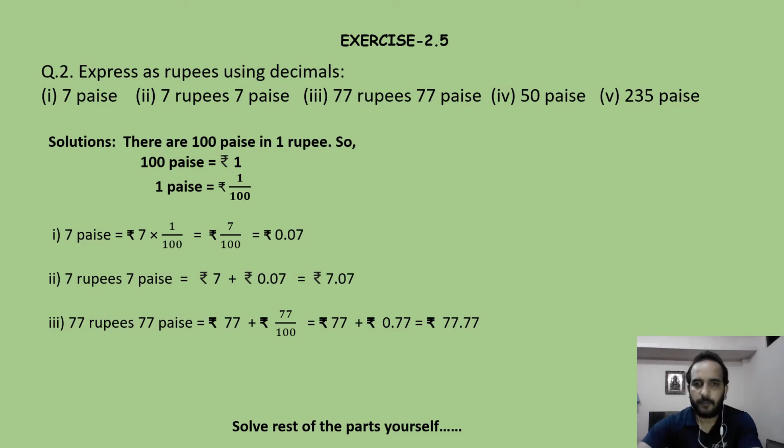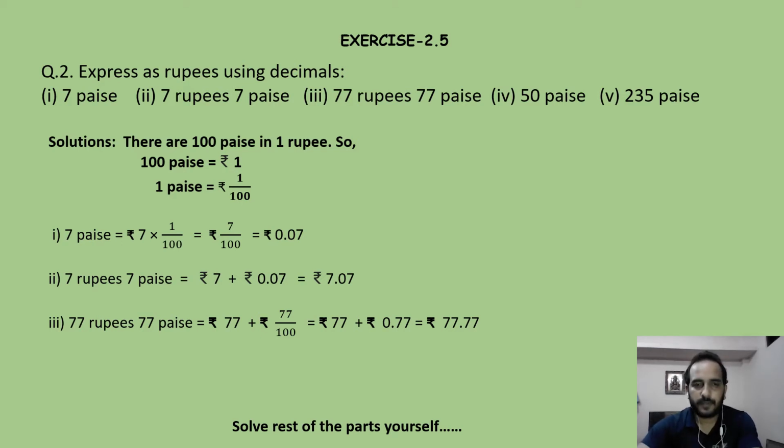Now the second part we have here is 7 rupees 7 paise. So rupees 7 plus we have already converted 7 paise, that is equal to 0.07 rupees. So we have simply added it and the answer is 7.07 rupees. And the third part you can see here is 77 rupees 77 paise.